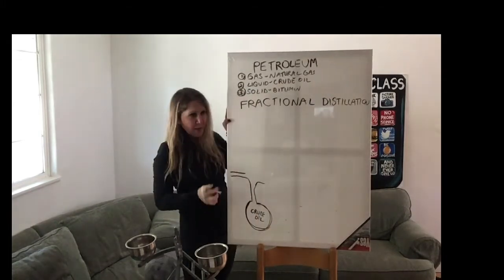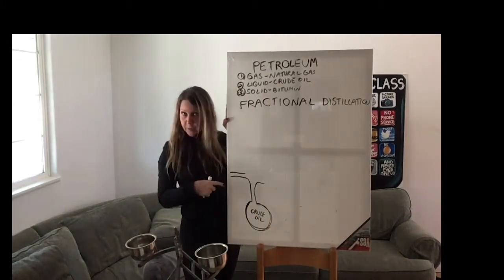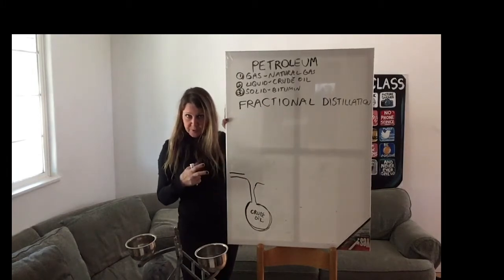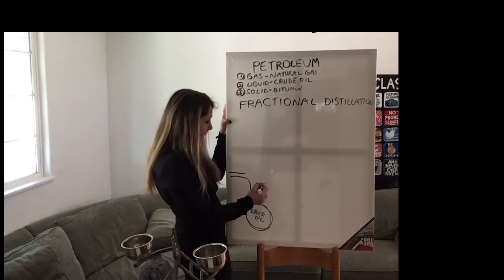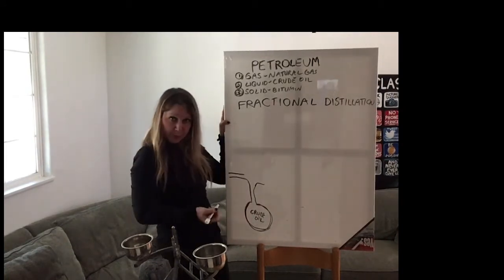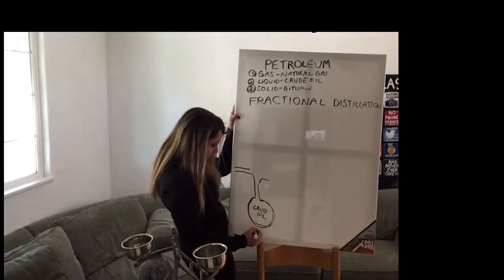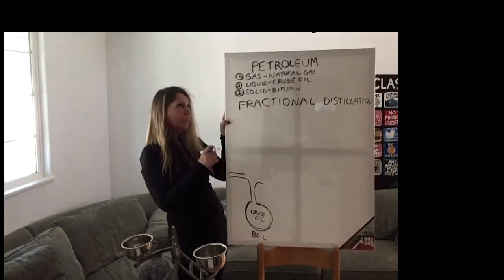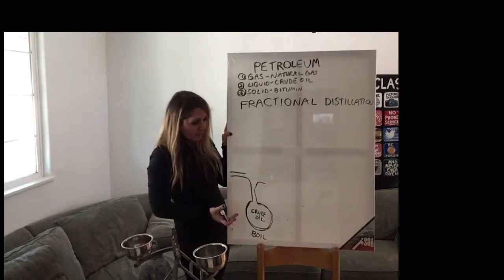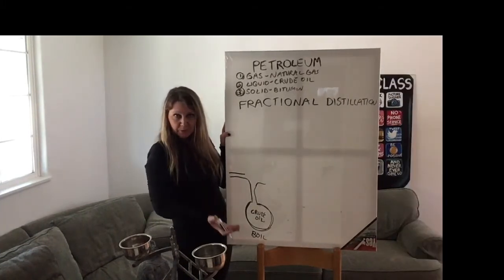So this process really breaks up the petroleum into its parts or its fractions using distillation. How does it do this? Well, it uses the boiling points. So right down here, we're going to boil this crude oil. So you're going to warm it up until it gets to a boiling point.